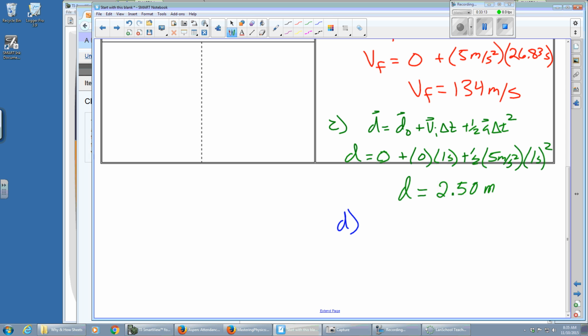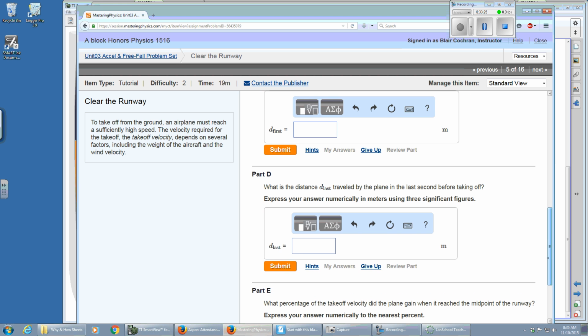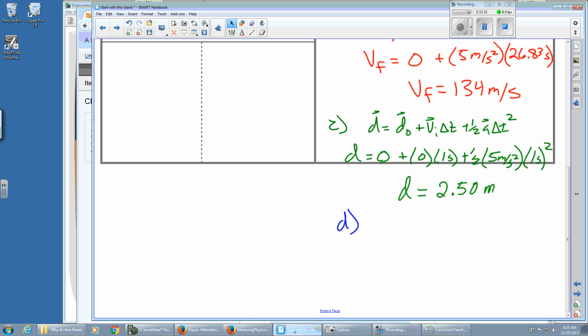On to part D. What distance is traveled by the plane in the last second before takeoff? Okay, so what I'm going to do for D is I'm going to use the same equation.